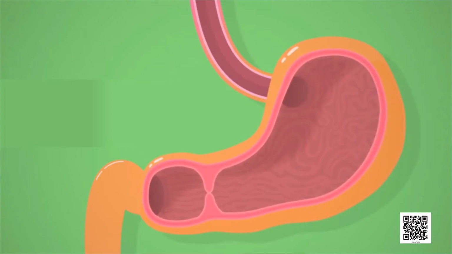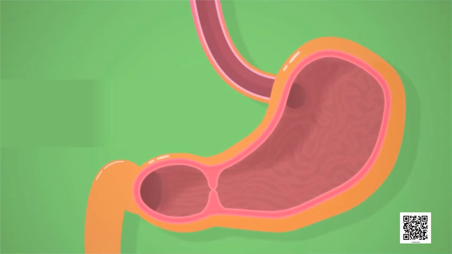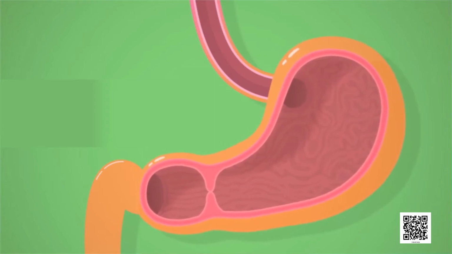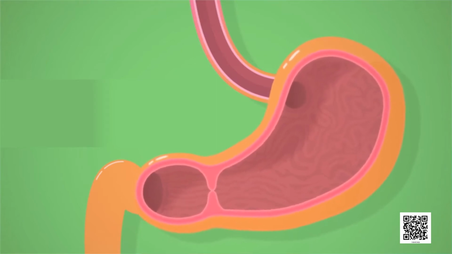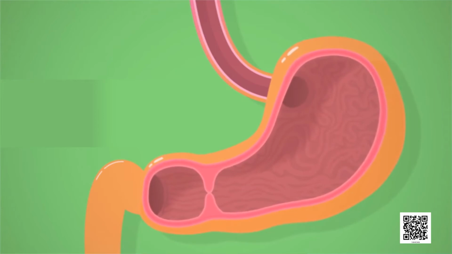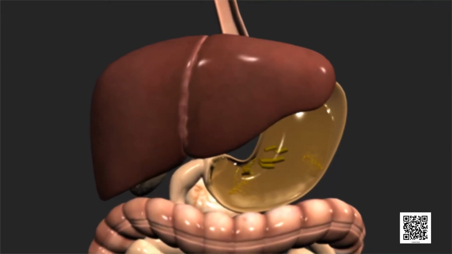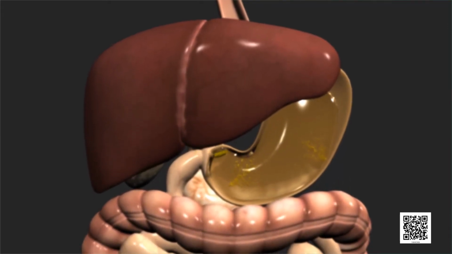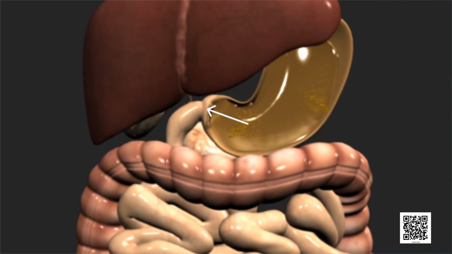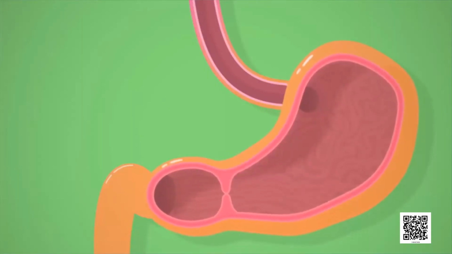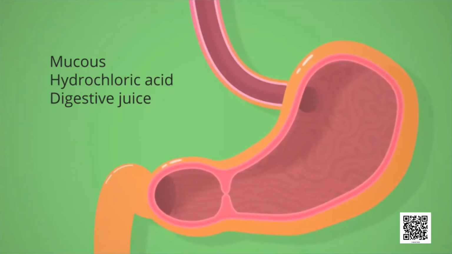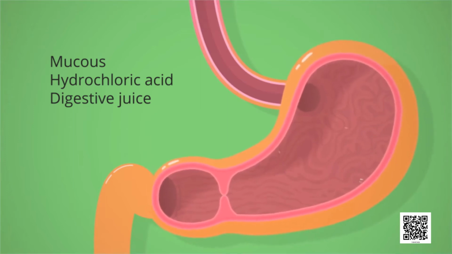The stomach. The stomach is a thick-walled bag. Its shape is like a flattened U and it is the widest part of the alimentary canal. It receives food from the food pipe at one end and opens into the small intestine at the other. The inner lining of the stomach secretes mucus, hydrochloric acid, and digestive juices.